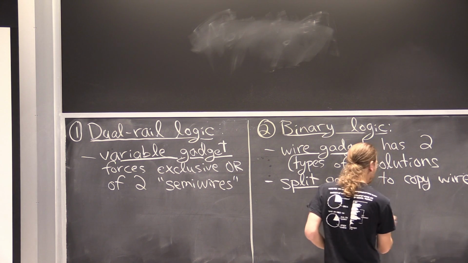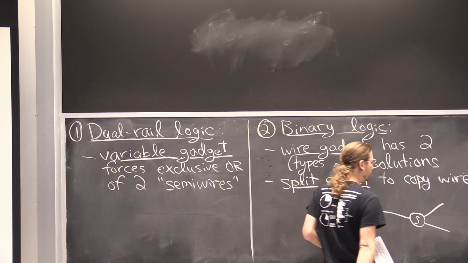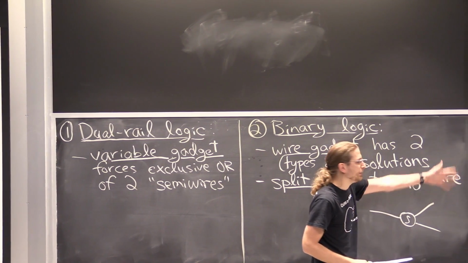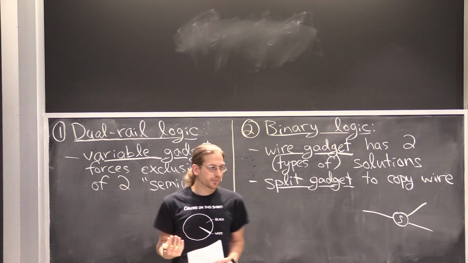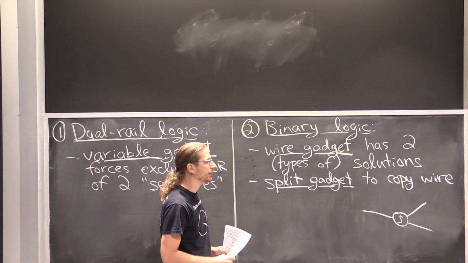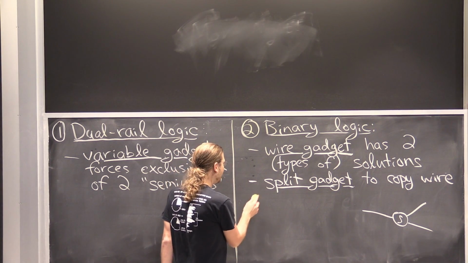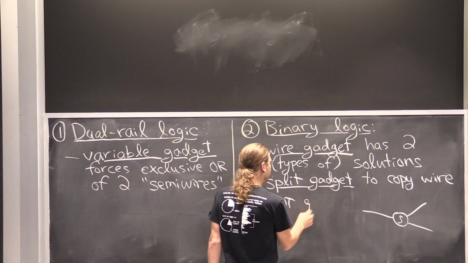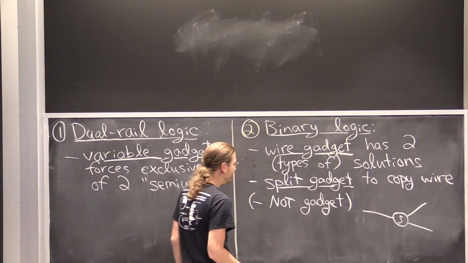So the idea is you have one wire coming in, there's some magic split gadget which makes two wires or three wires, whatever, coming out. So then you can repeat split however many times that variable occurs. You can make a copy. In the non-monotone versions of 3-SAT, you may also need a negation or not gadget. If you need negation, then you'll need a negation gadget.